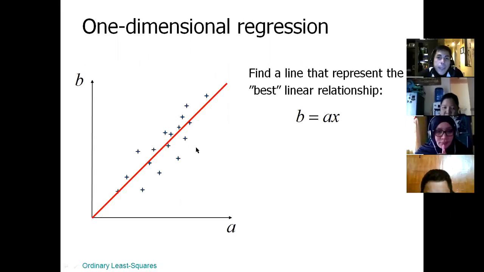The beta, or what we call the coefficient, equals the alpha times the error, with the independent variables. That's the best linear relationship that we could ever get.